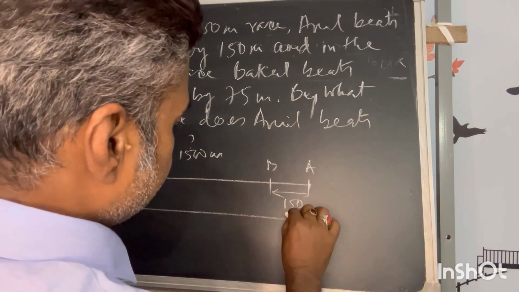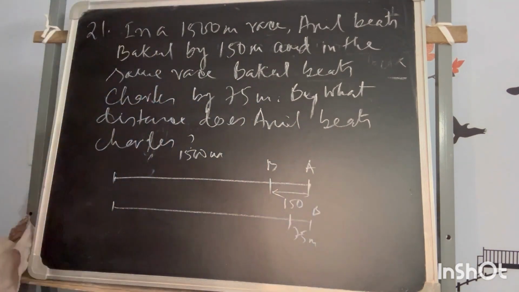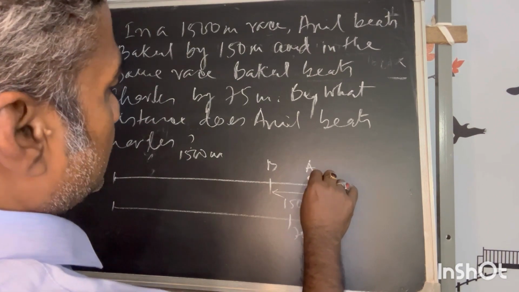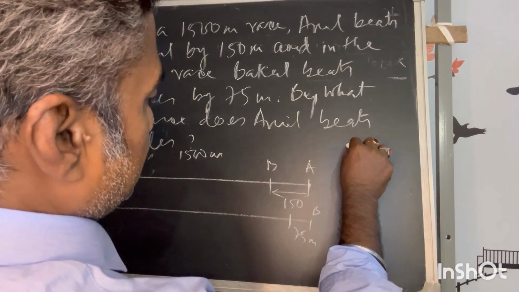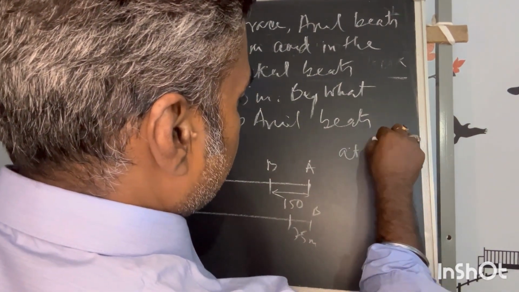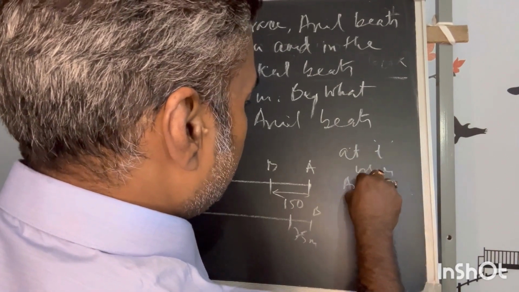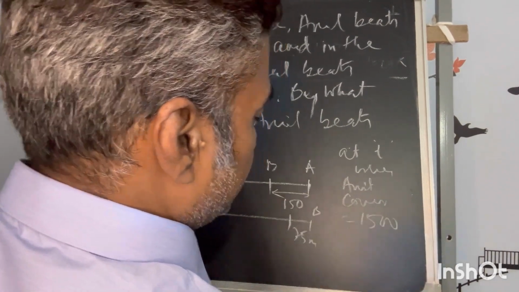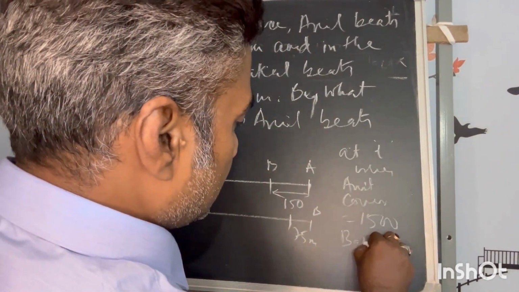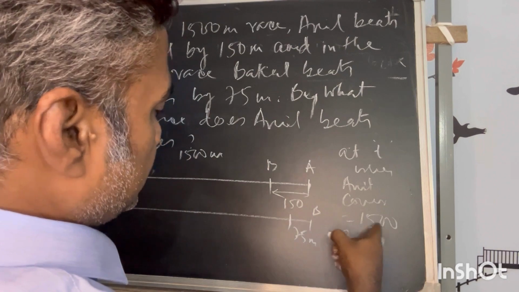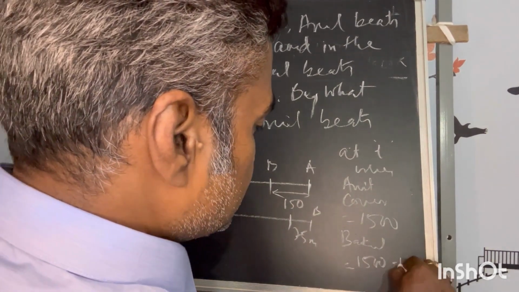So one thing has to be assured. Let's say at time t, when Anil covers 1500 meter, what Bakul covers is less than 1500 minus 150.